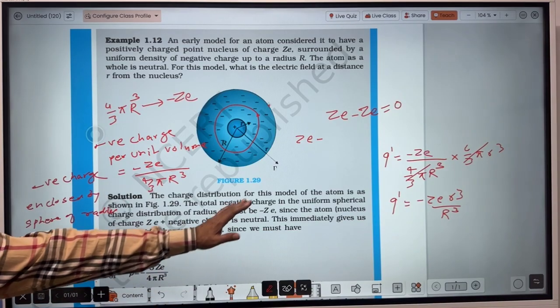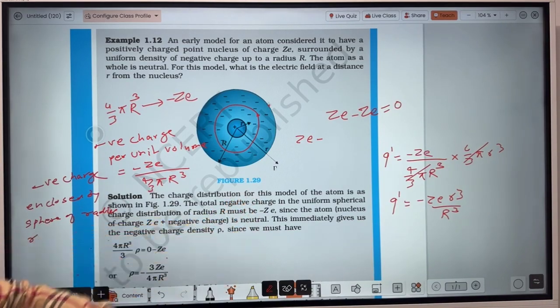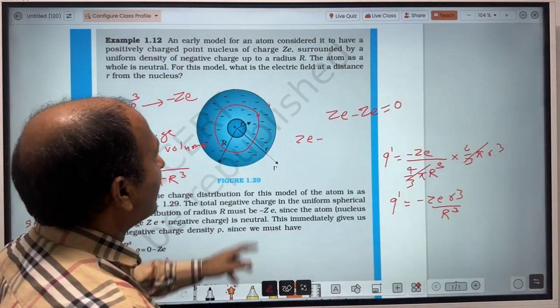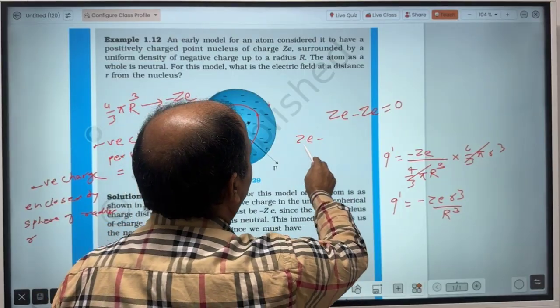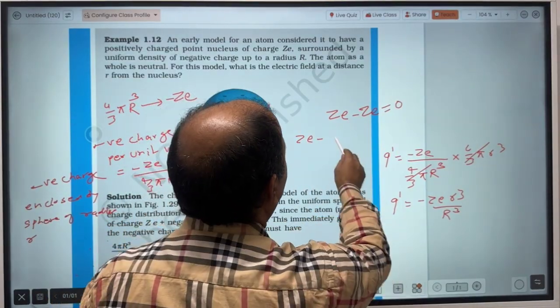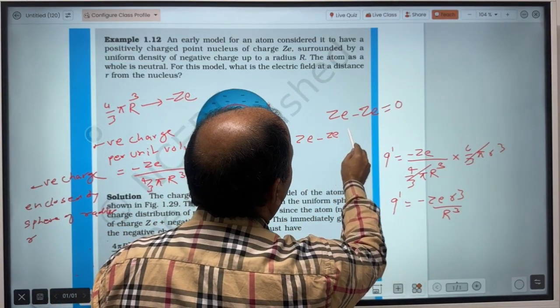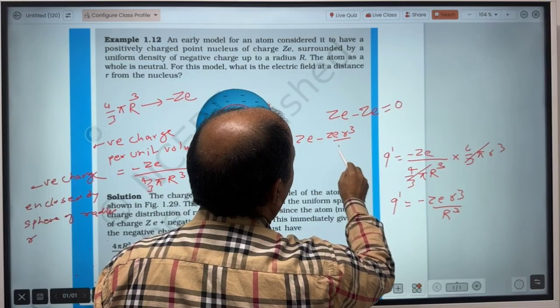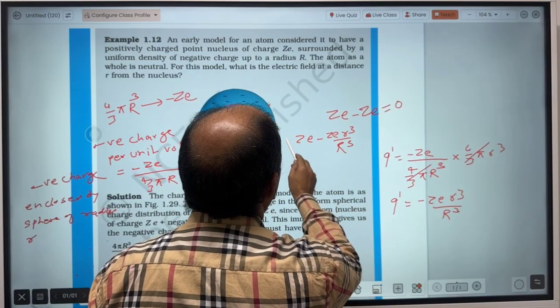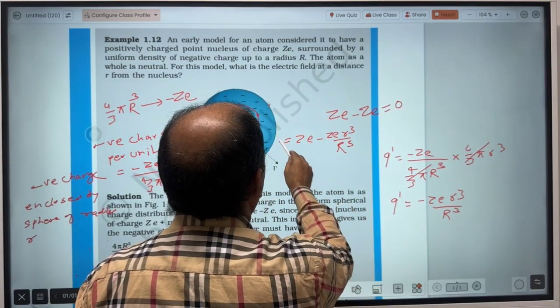So this is the total negative charge enclosed. So if we find the net charge, Ze minus q dash, so Ze minus Ze times r cube divided by capital R cube. So this is the net charge, say Q.